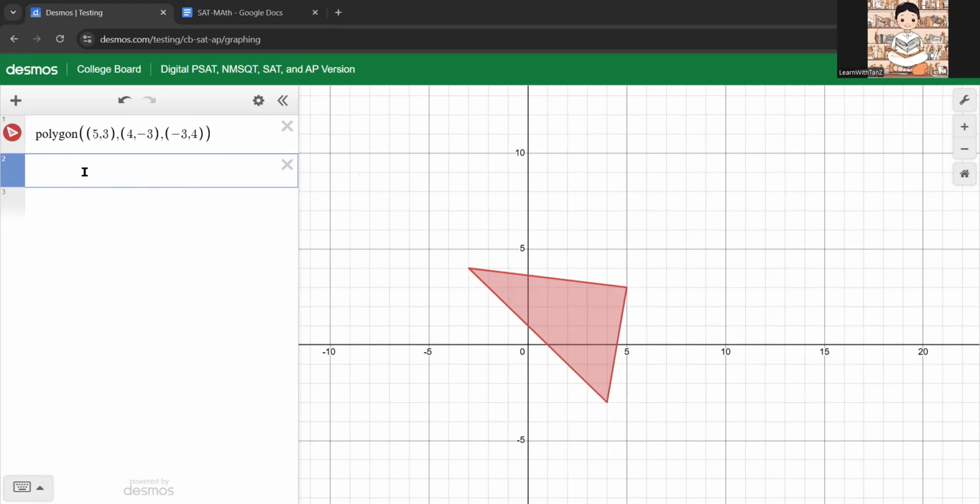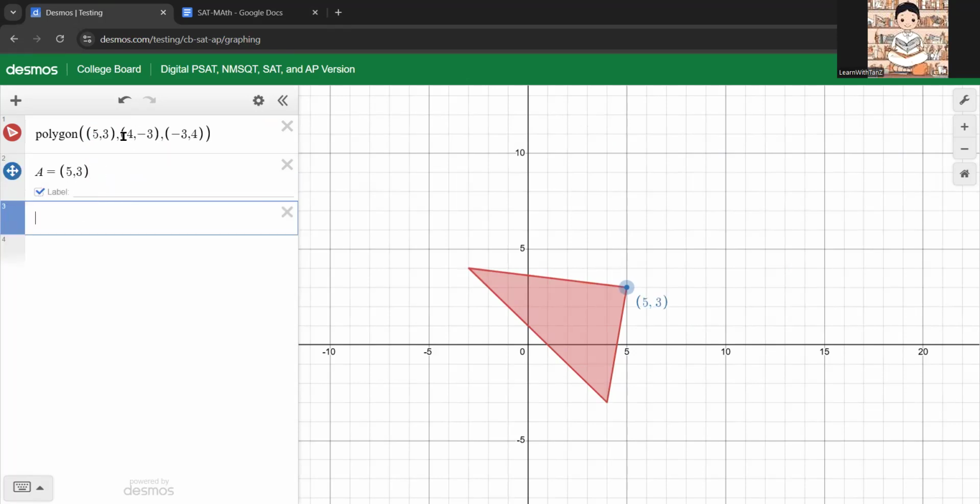So how can we mark the points? You can write your vertex A as 5, 3. Just write it as 5, 3. You can label it. Well, for solving this question, these steps are unnecessary.